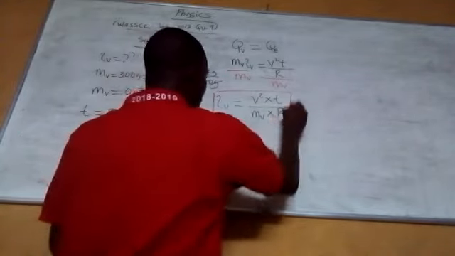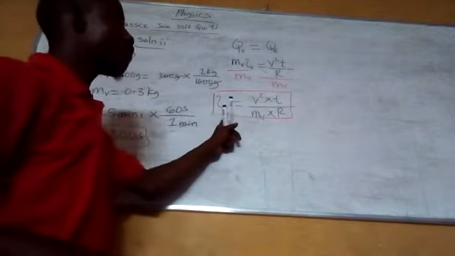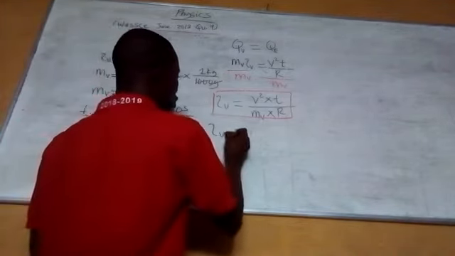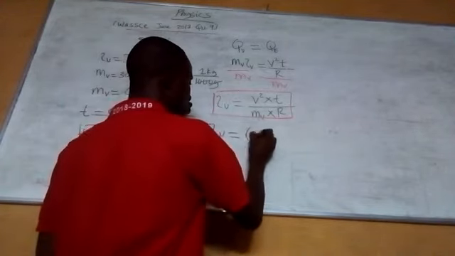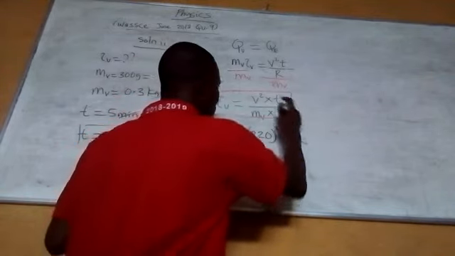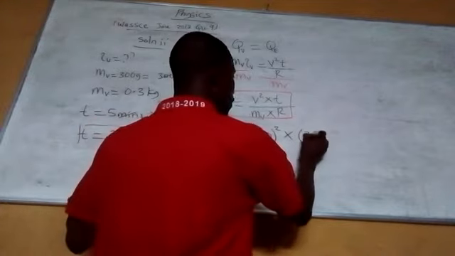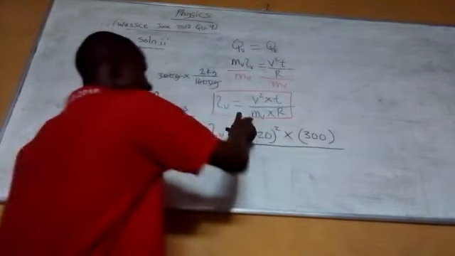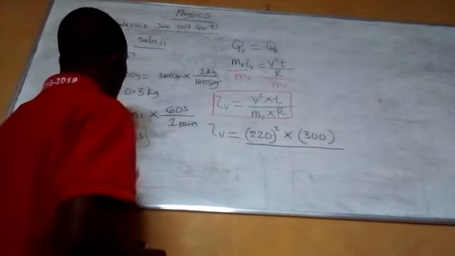So we use this now to find the specific latent heat of vaporization. So here we have LV now is equal to V squared. V given to us was 220 volts. So 220 all squared times the time given to us here now is 300 seconds. So we have 300 all divided by the mass of water that evaporated was 300 grams.